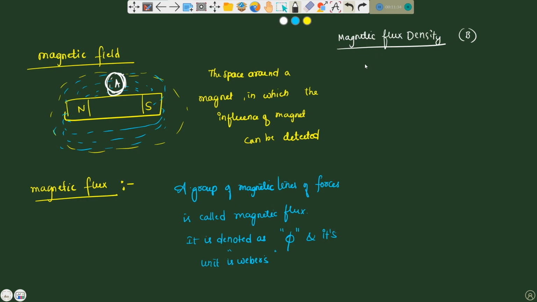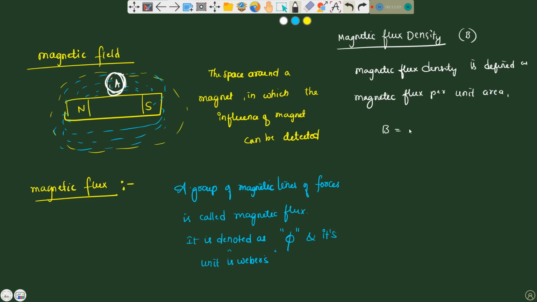That is called magnetic flux density. Magnetic flux per unit area is nothing but magnetic flux density.